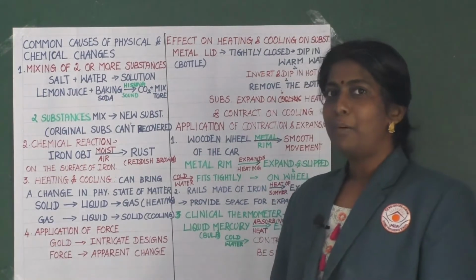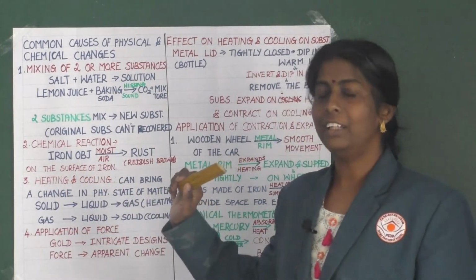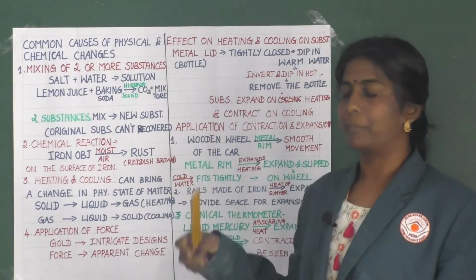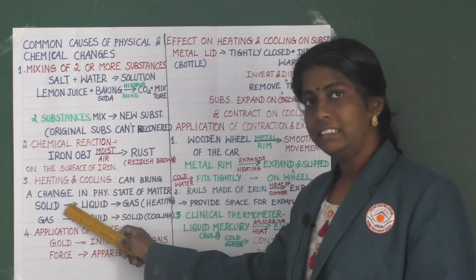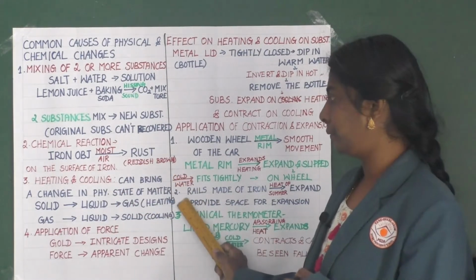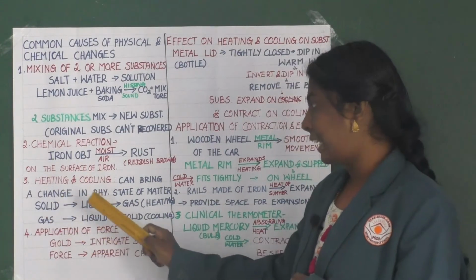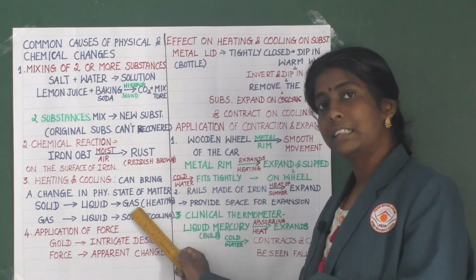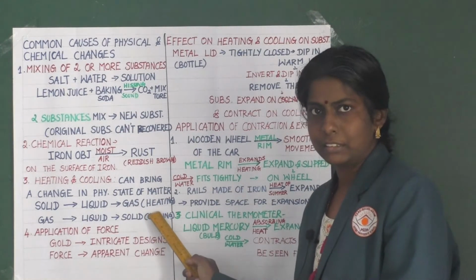Yes, children. Now about the third point, heating and cooling. How is this used to change a property? Heating and cooling can bring a change in the physical state of matter. Here solid is changed to liquid and liquid is changed to gas when it is subjected to heating, isn't it?